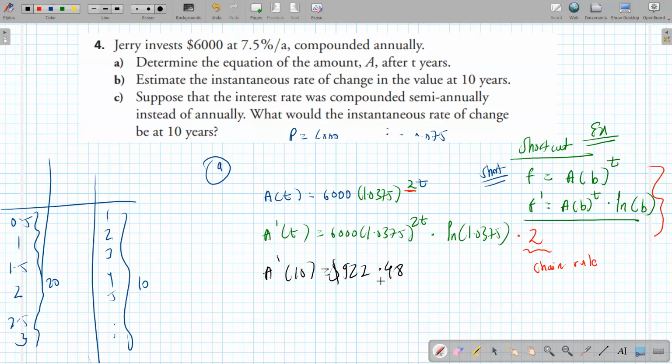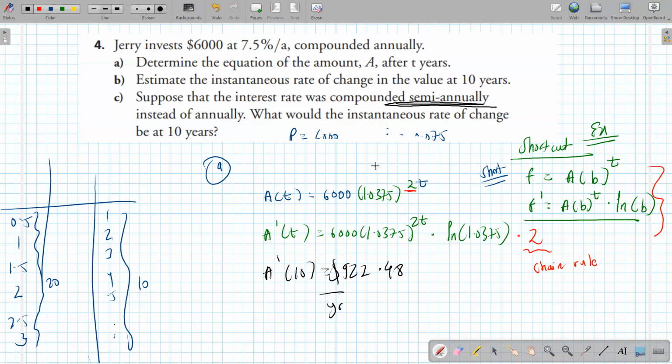The more the number of compounding periods, when you keep everything else the same, if you compound it semi-annually compared to annually, your interest rate will always be higher. This is why if you take a loan from the bank, it's compounded every day. That's why it comes out to be a lot.